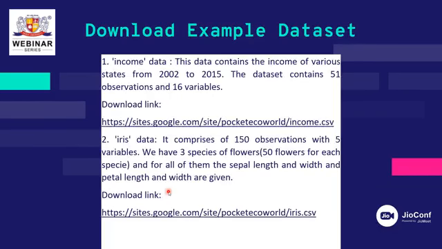First of all, you have to download these two datasets. The first is from site.google.com, the income data, and the second is the Iris data.